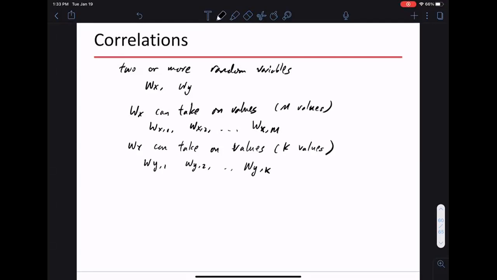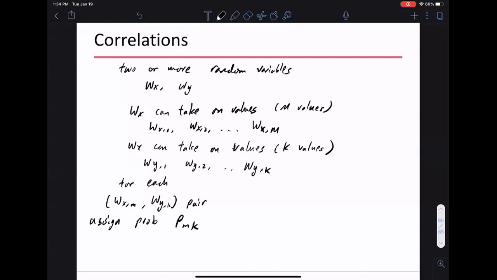Then how do I assign probability? For each Wx m, Wy k pair, I assign probability P_mk.